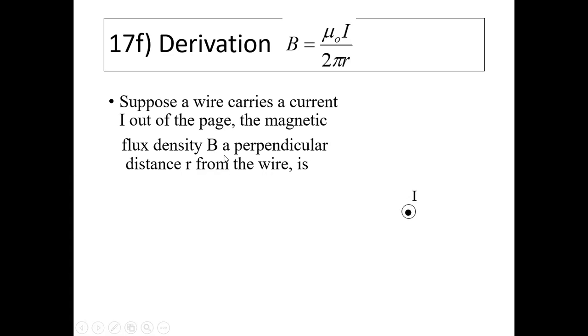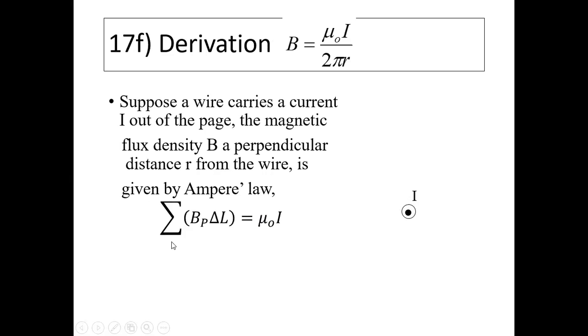So the magnetic flux density is at a perpendicular distance r from the wire, given by Ampere's law, that one there, or you can use the integral. This one means parallel to this small elemental length. That's the permeability of free space, and this is your current.